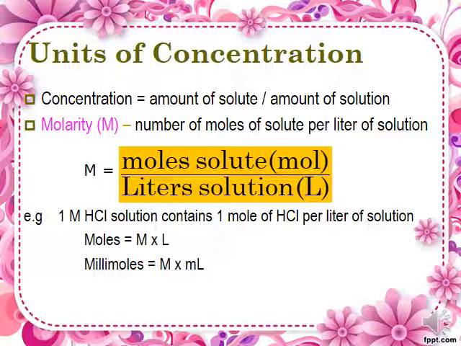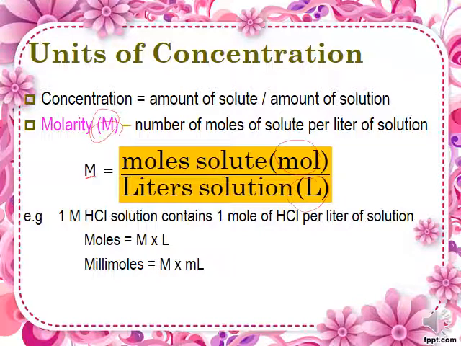Okay, one of the units of concentration is molarity, the most common one, and we can use the capitalized symbol M. Molarity is defined as the number of moles of solute per liter of solution. Mole per liter.